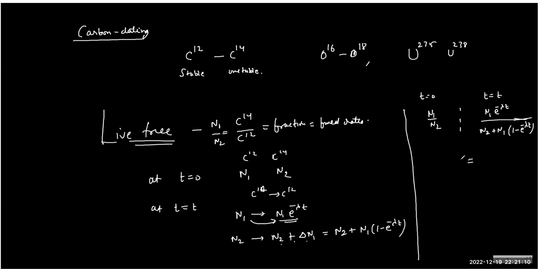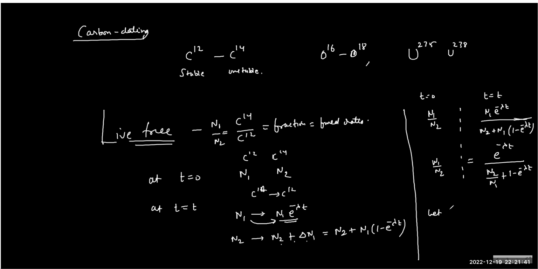Can we write this like this, look carefully? Yes or no? Yeah, fine. So if they give you the initial ratio and the final ratio, can you find the time t?